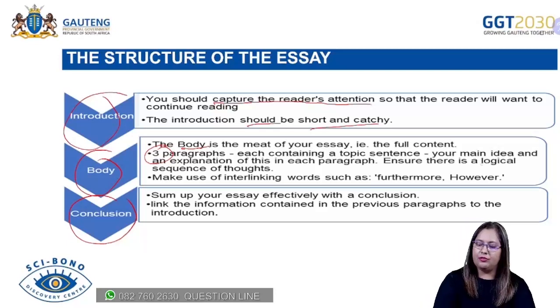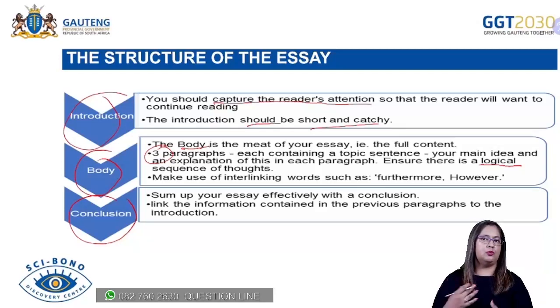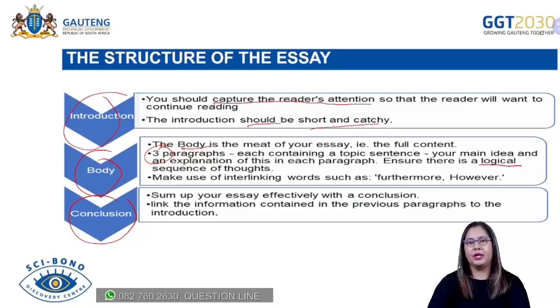Remember here we're looking for a logical sequence of events or thoughts. Don't go from one thing to the next thing which doesn't really link. Make sure when you're doing that editing process that the thought from one goes into the next thought and into the next idea.